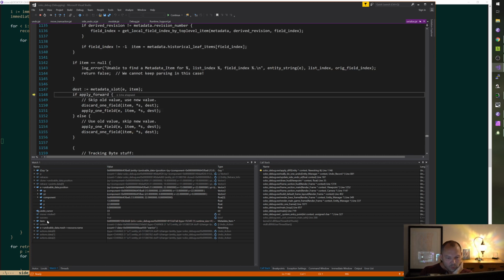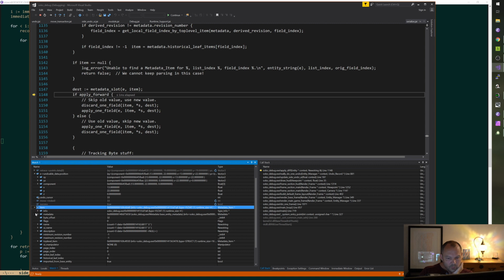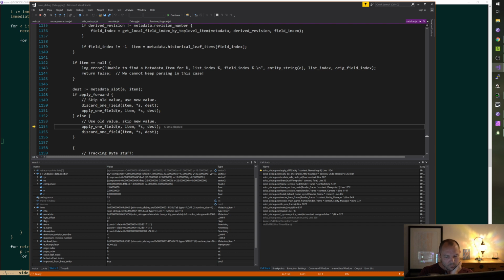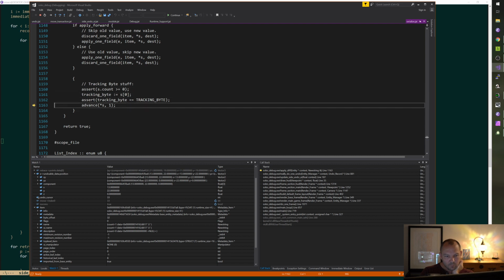What item is this? The z coordinate. What? Why? That's pretty weird.